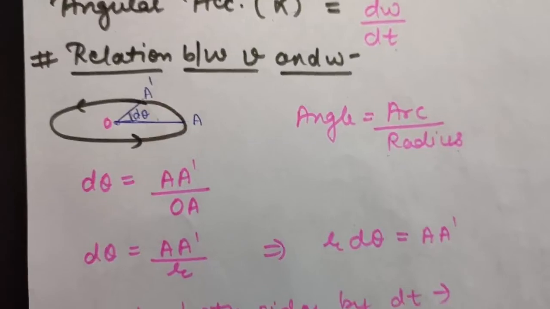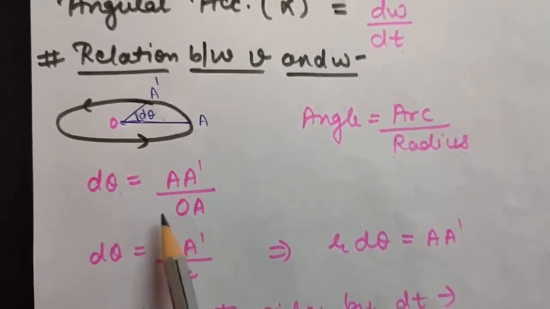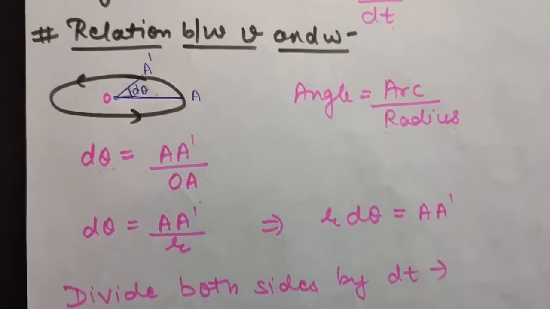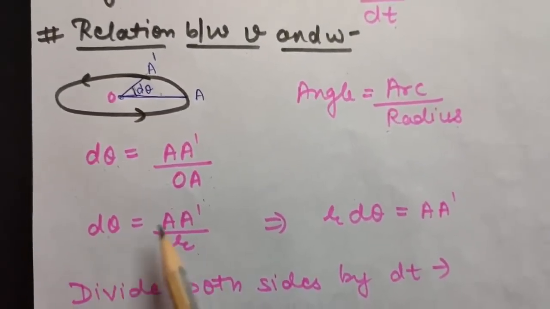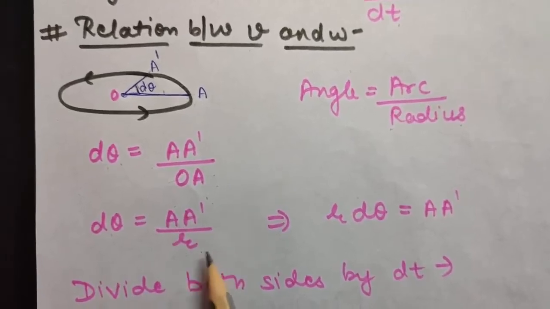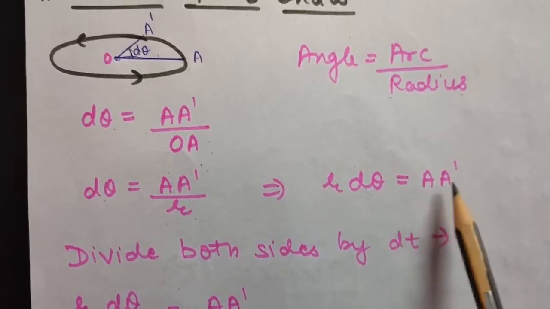So if I put angle to be d theta, arc to be AA dash, upon radius, and I denote radius by small r, then d theta is equal to AA dash upon r, or if you cross multiply, r d theta is equal to AA dash.